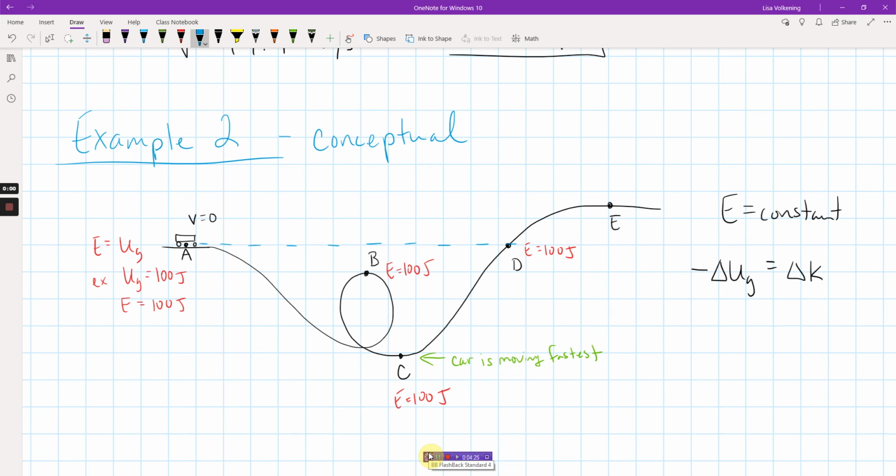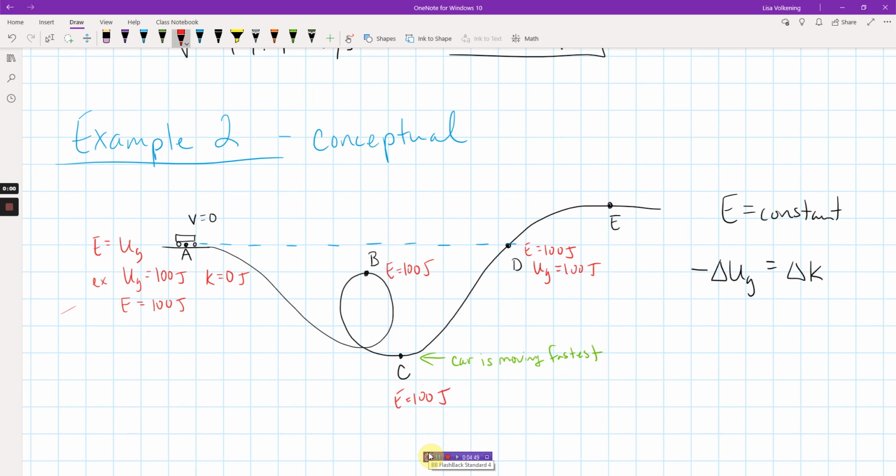But that means that there isn't any energy left over for kinetic energy. At point A, UG was 100 and kinetic was 0. So if I'm back at that height, like at point D, then I'm back with potential energy of 100 joules. I keep trying to say newtons. It is joules, not newtons.